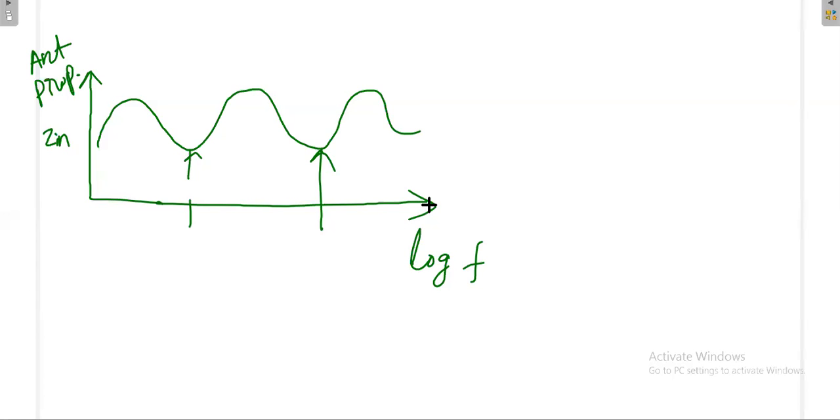Also, the bottom axis is in terms of log. You cannot take ordinary frequency, you take log frequency, because this antenna works over a large range of frequency. That's why the bottom axis is of log nature. So due to this nature, this is called a log periodic antenna.